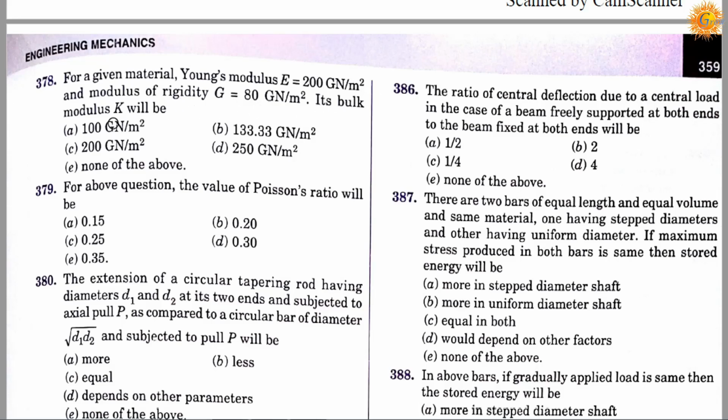Its bulk modulus K will be option A, 100 GN per meter square, option B, 133.33 GN per meter square, option C 200 GN per meter square, option D 250 GN per meter square, and option E none of the above. Correct answer is B. It will be 133.33 GN per meter square.